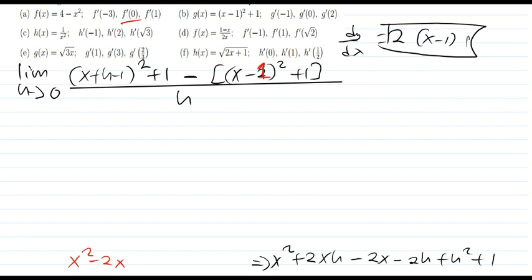Okay, it gave us x squared minus 2x plus 1. So this is going to be the limit as h is approaching 0.